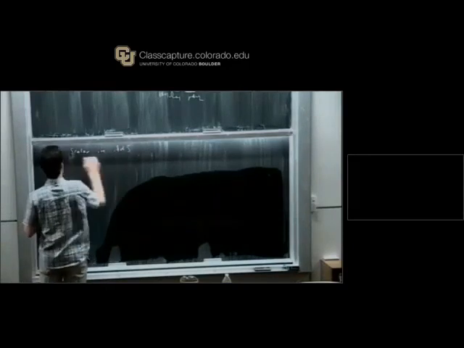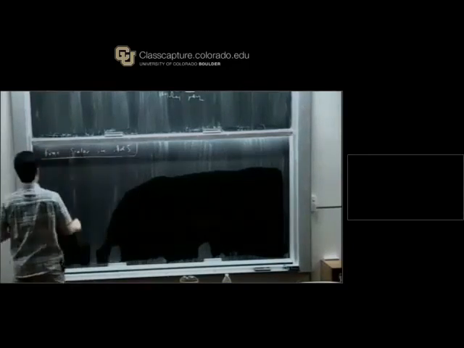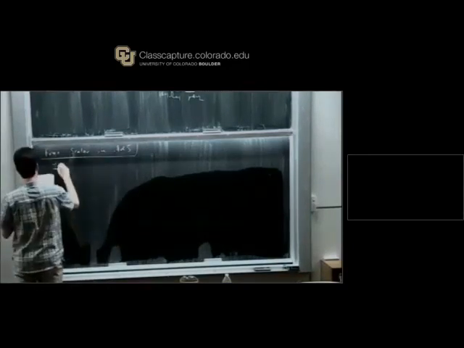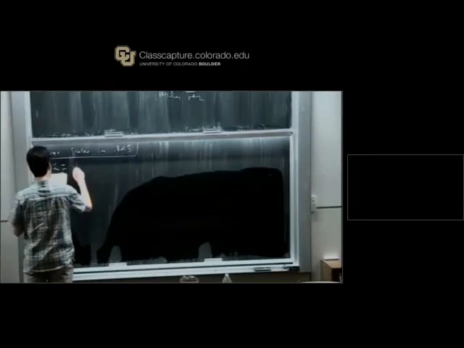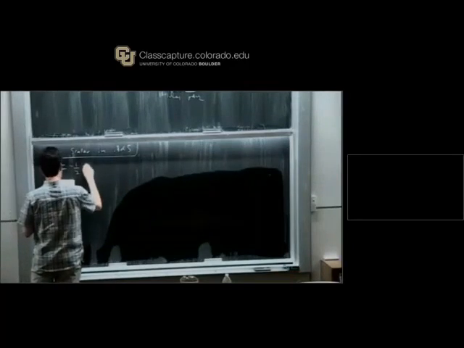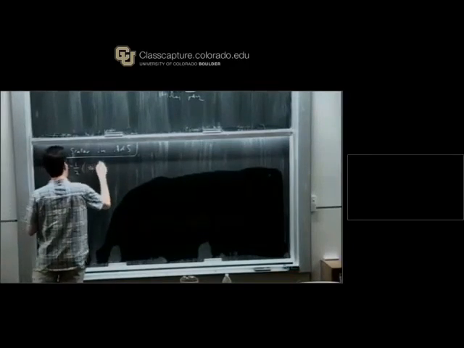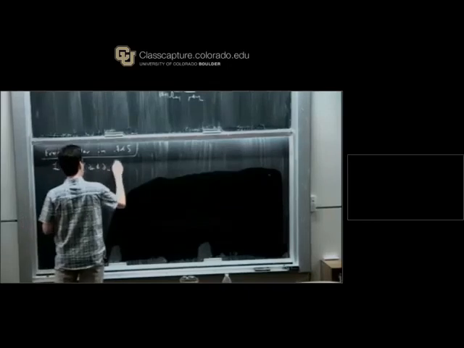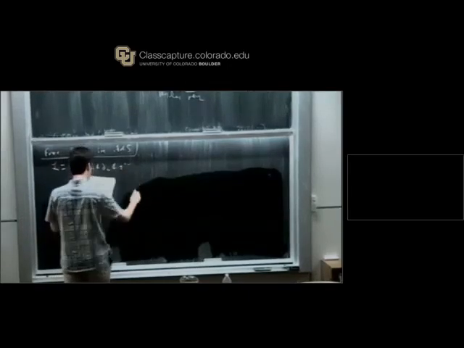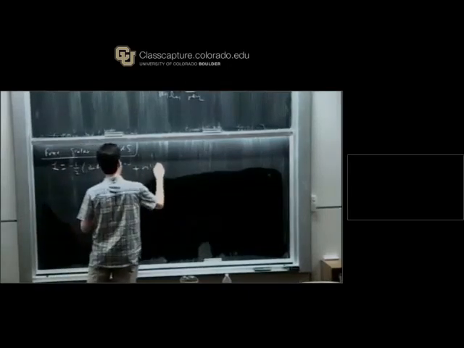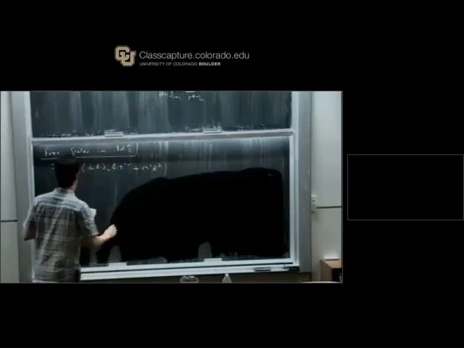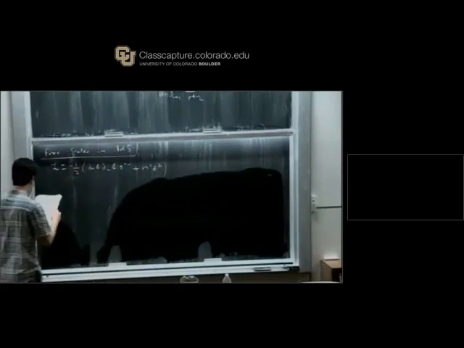Okay, so this theory, the Lagrangian is d mu phi, d nu phi, g mu nu, plus m squared phi squared, where the minus sign here means I'm using the correct metric sign convention.